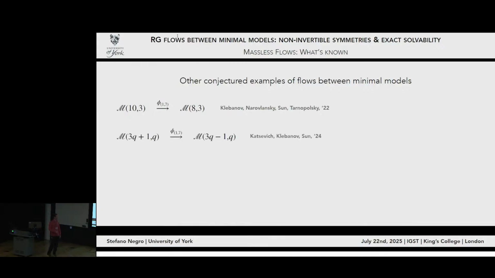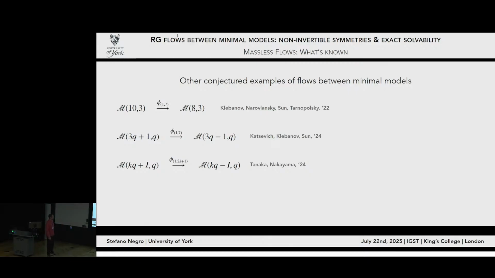Okay, and then they extended the analysis, and they studied this one-parameter family of models, also perturbed with phi 1,7, that is supposed to flow to this IR here. And then even more recently, in 2024, Tanaka and Nakayama conjectured a two-parameter family of flows that is now generated by the field phi 1,2k+1, where k is an integer, but it can also be a fractional integer.